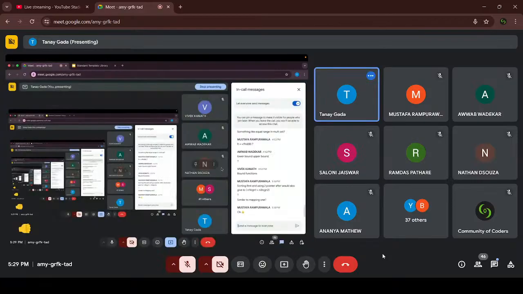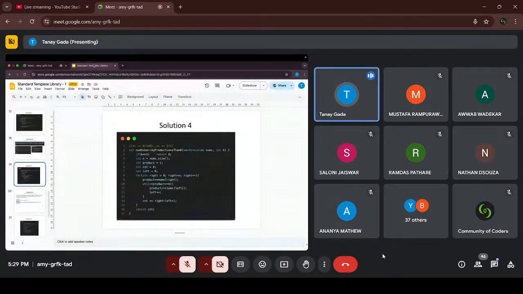So it would be O of 2n because in the worst case our right pointer iterates from 0 to n and the left pointer also iterates from 0 to n. So in the worst case it would be O of 2n, like O of n only. O of 2n is the same.